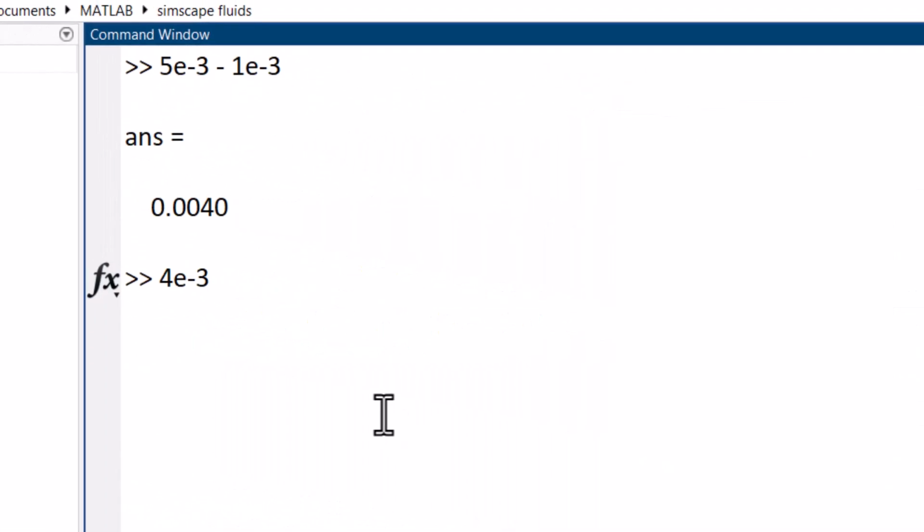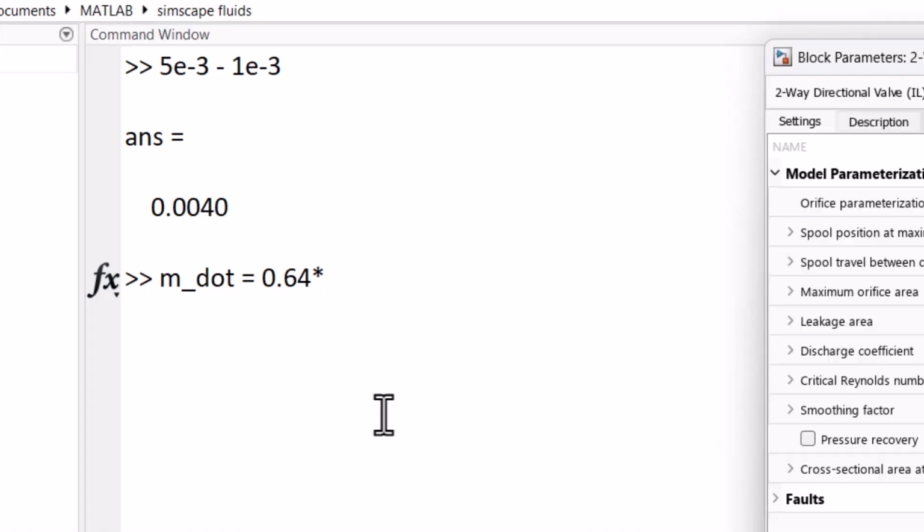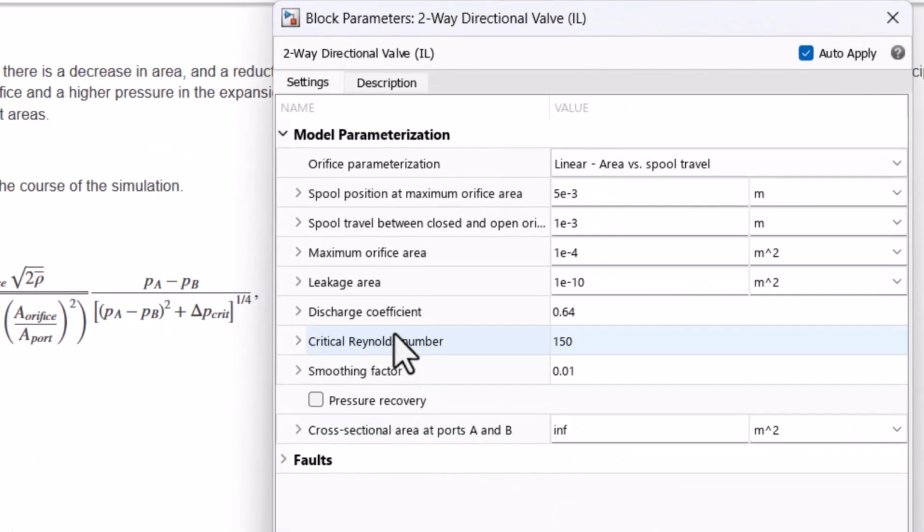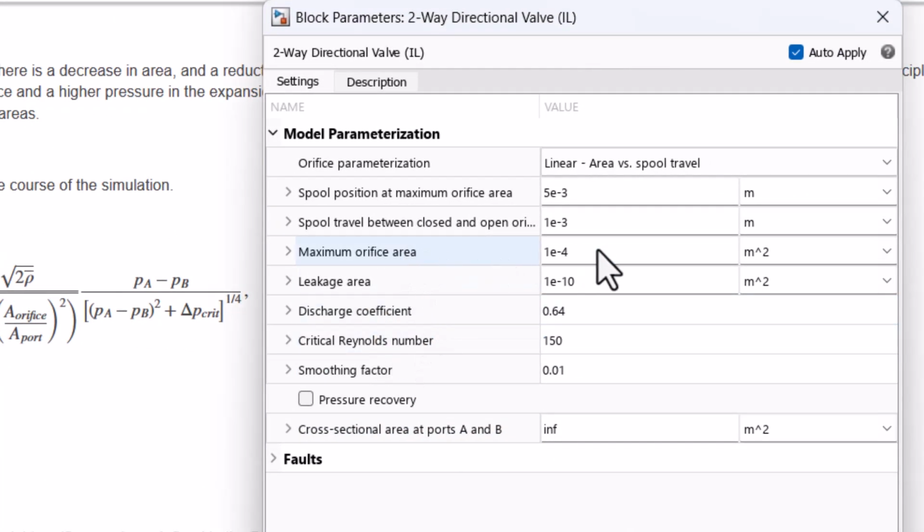So I'm going to type this equation. It says m dot is equal to 0.64 times. Okay, the next item is the area of the orifice, which is this value, the maximum orifice area.